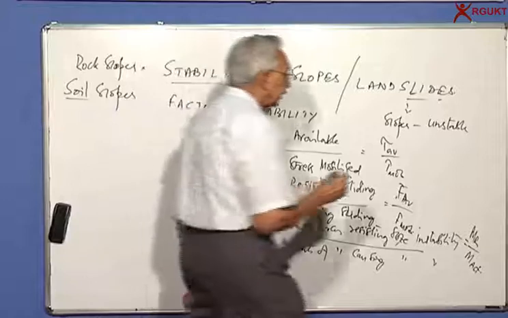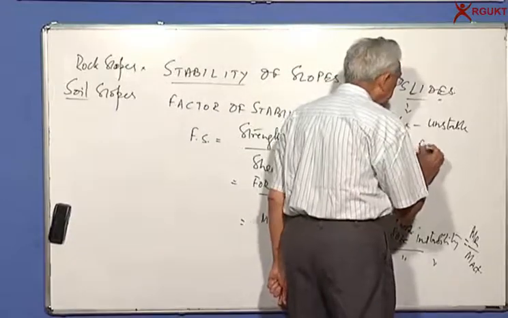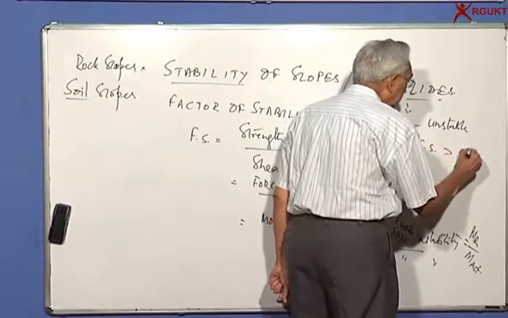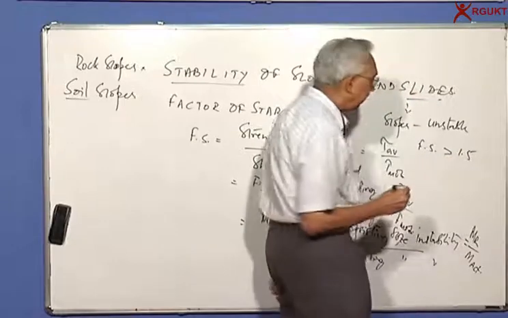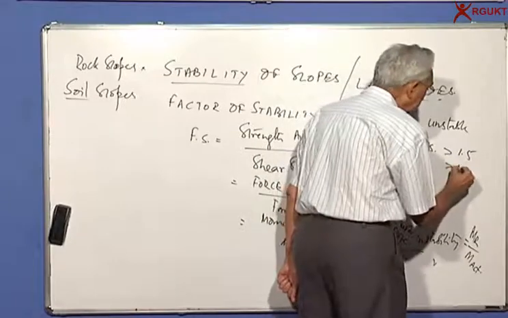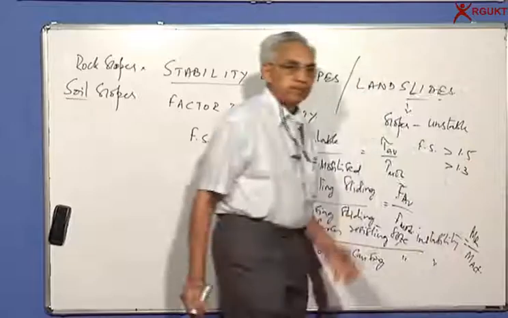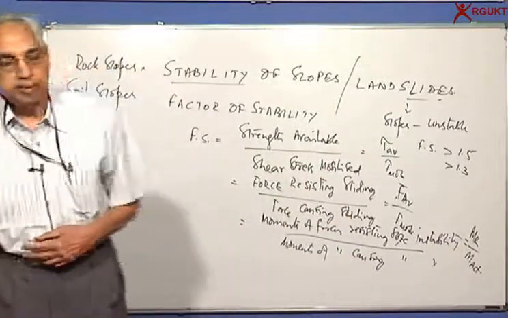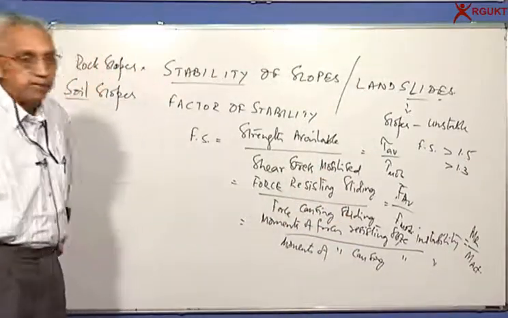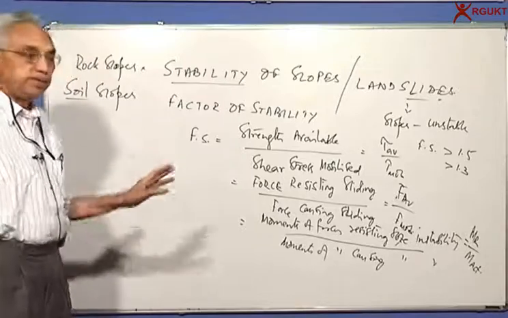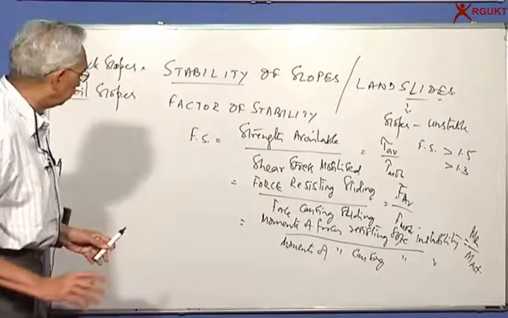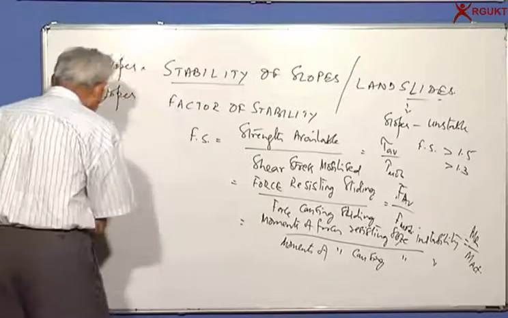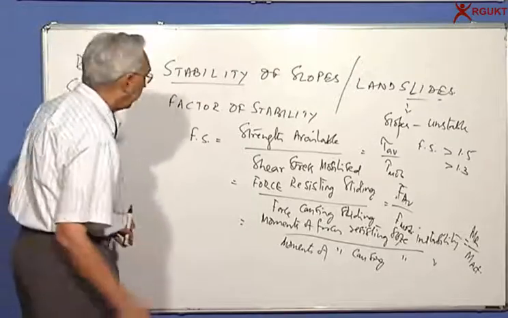To be a good designer, all the factors of safety generally should be preferably more than 1.5. In short term, suppose you want it for a very short period of time, you may accept a slightly smaller value of 1.3. But when you design, generally it's good to design for a larger factor of safety of 1.5.